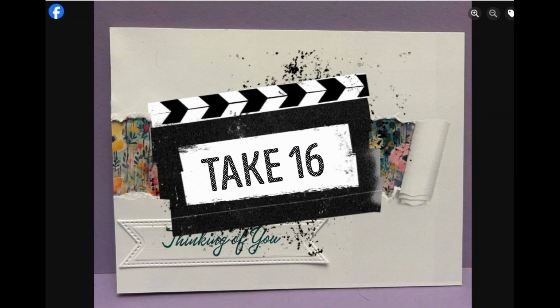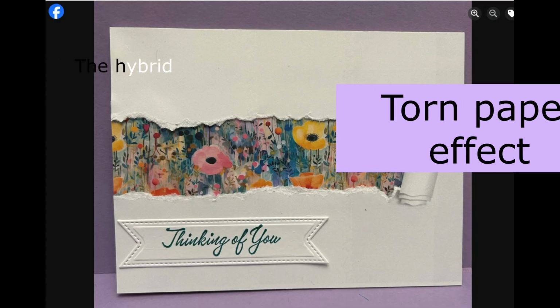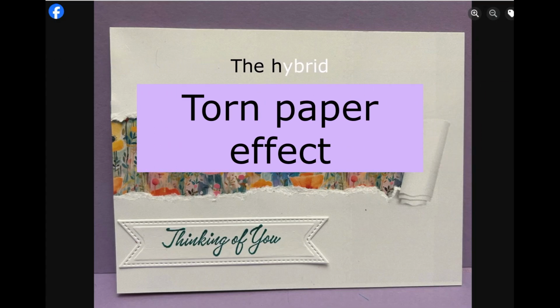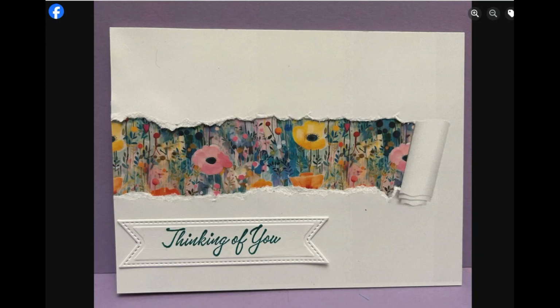I just wanted to give you an idea of something different that you could do with this torn paper effect as well. So you could go ahead and print the torn paper just by itself, and you can use your own pattern paper as well. This card I saw on a Facebook group that I'm a member of, and her name is Cindy Ann, and yes, I did ask her permission to upload a photo of her card.